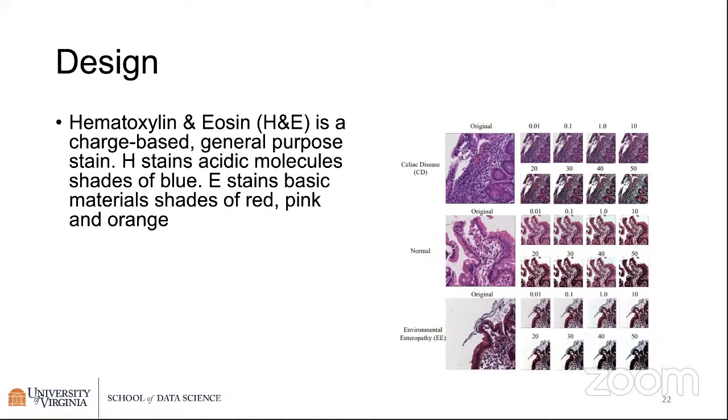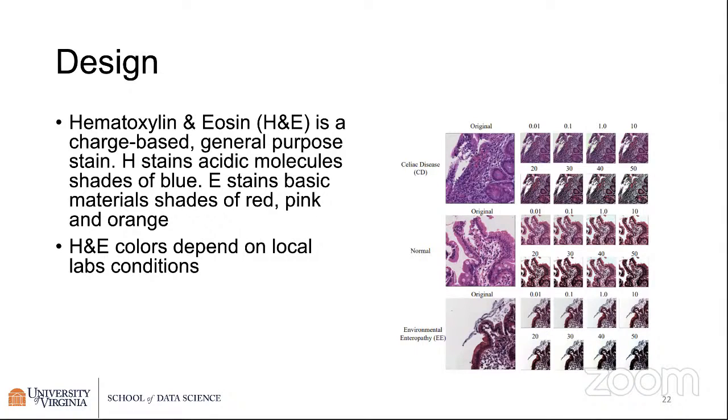I mentioned the staining, hematoxylin and eosin staining, H&E staining. This produces different colors based upon the characteristics of the underlying tissue, but unfortunately, those colors also depend on local conditions in the labs, and that creates a bias. In our particular case, for example, we got normals from a number of places, including the United States, but we have no environmental enteropathy cases from the United States.